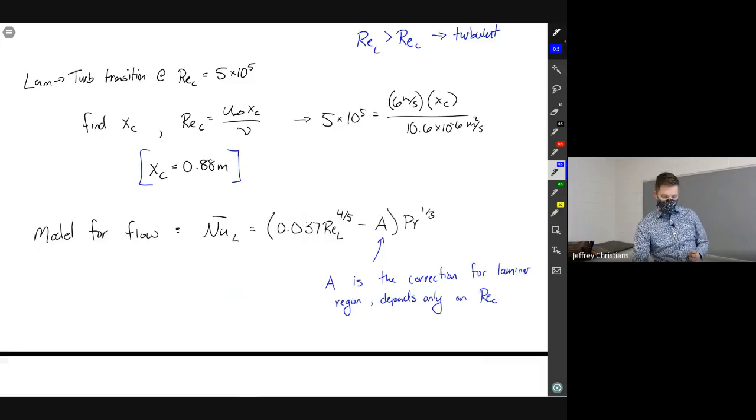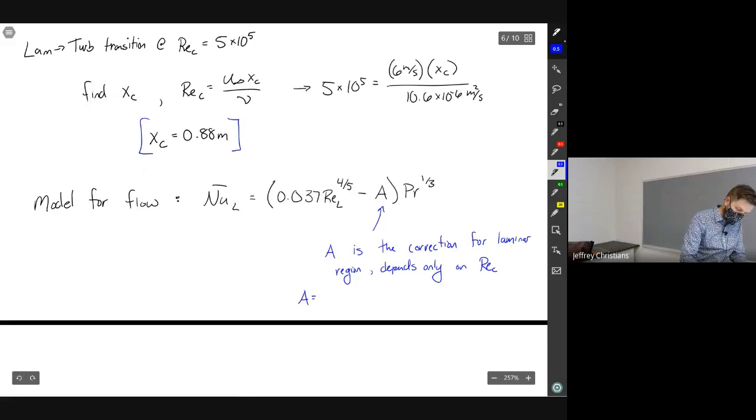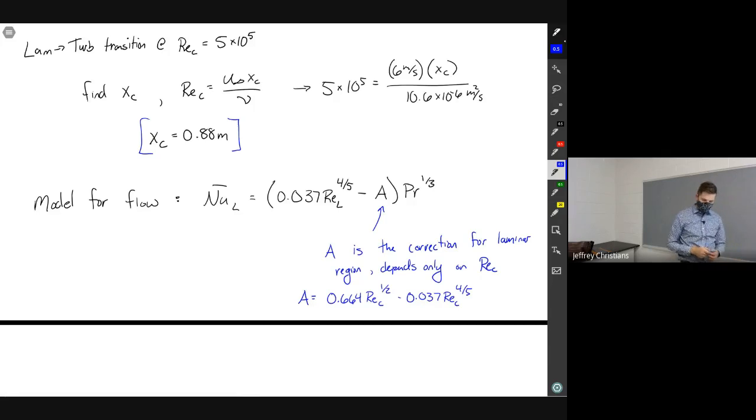Right, so the A value that we used before, A equals 0.664 times the critical Reynolds number to the 1/2 minus 0.037 times the critical Reynolds number to the 4/5.